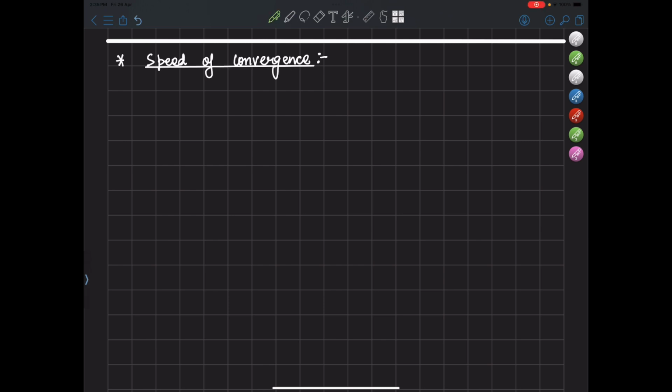Let's assume that an optimization algorithm generates a sequence which converges to x star.